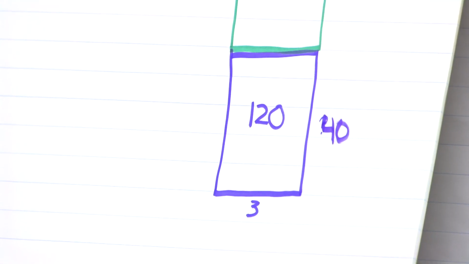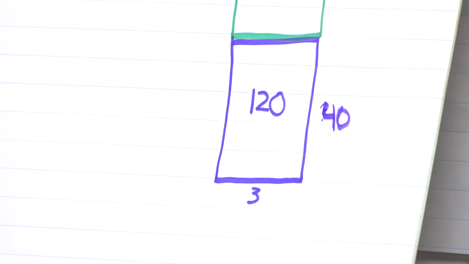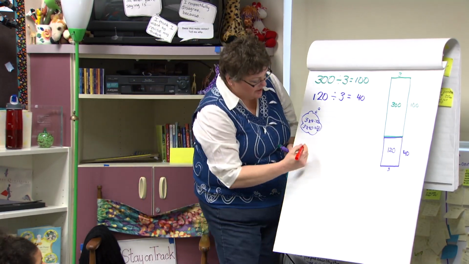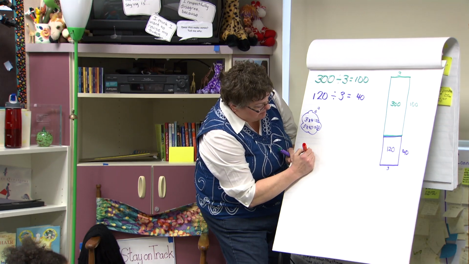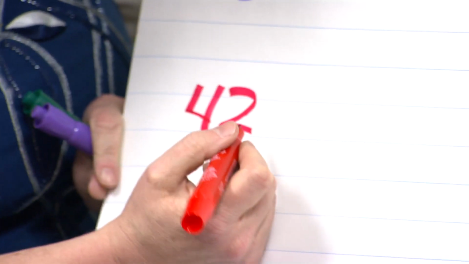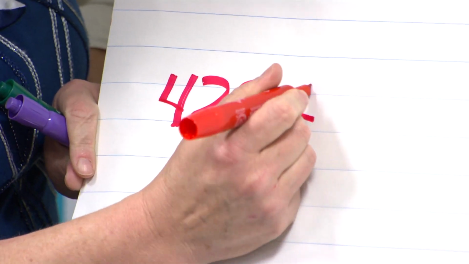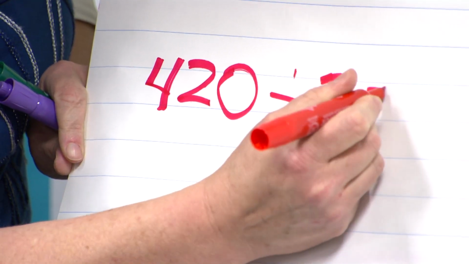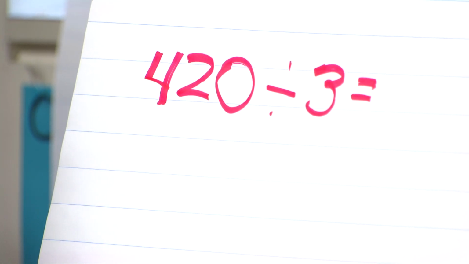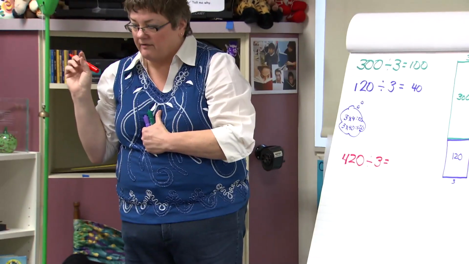Sweet. Okay, so now, I think some of you probably already know how to do this, but let's find out. So now, 420 divided by 3 equals. Some of you think you have an idea.